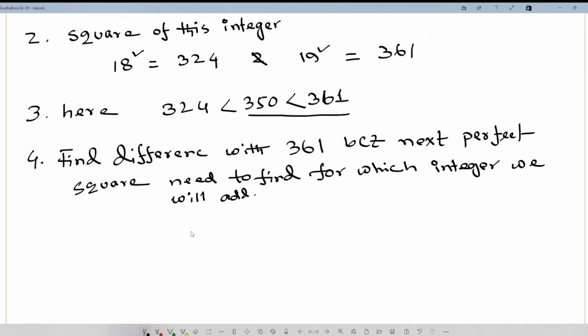What does that mean? It means 361 minus 350, the answer is 11. So 11 is the answer.